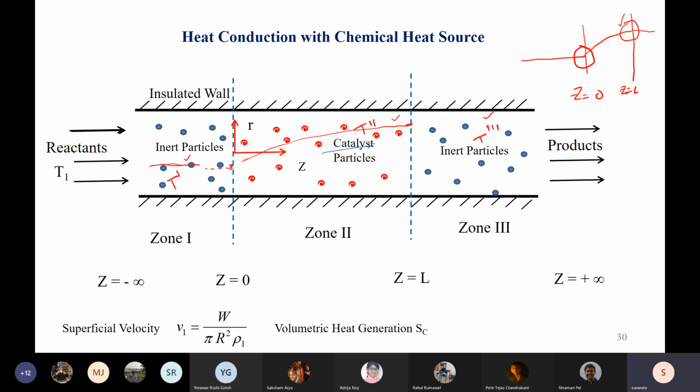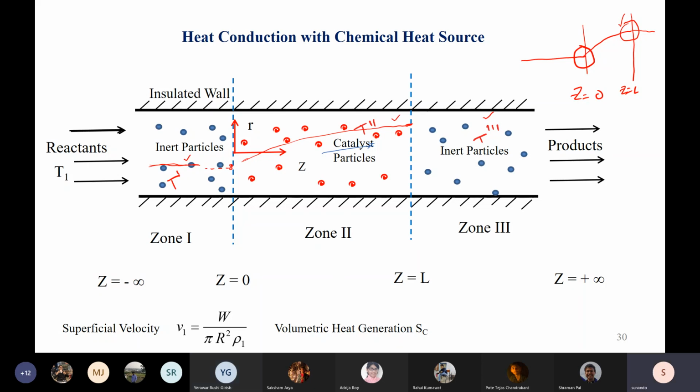I'll repeat your question so that everyone is on the same page. What he said is, at Z equals 0, will there be any diffusive heat transfer? And then I asked him in which direction. In the reverse direction of the reactant, towards minus infinity.